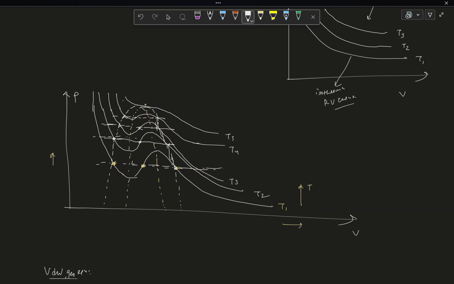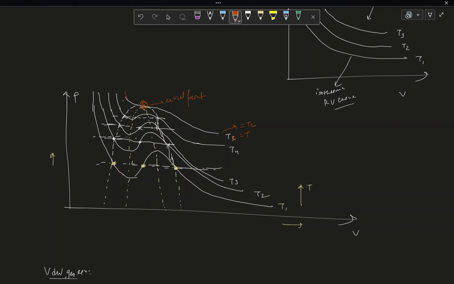But this is the point we are interested in, the critical point. Why this critical point? Because you see the behavior that it was following till now, the PV behavior is gone from here, it has become flat here. So this is your critical point, where the temperature for this particular case is equal to Tc. This is the critical point temperature.